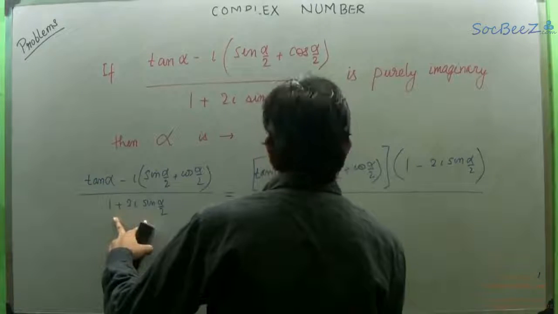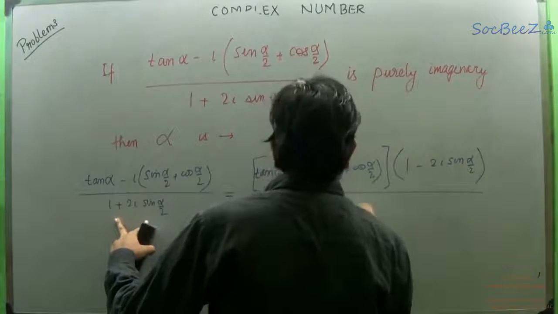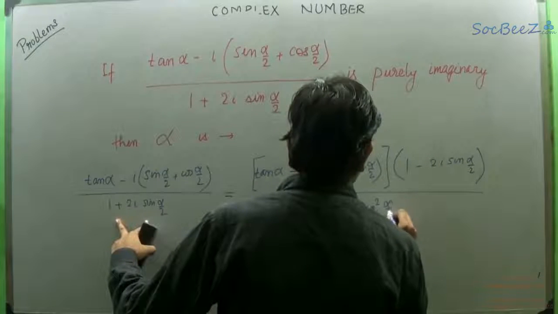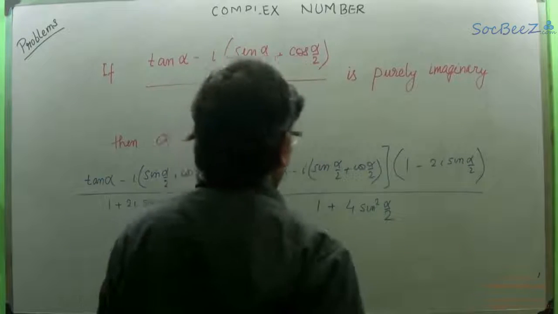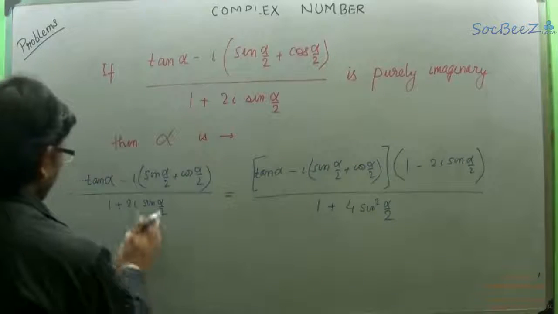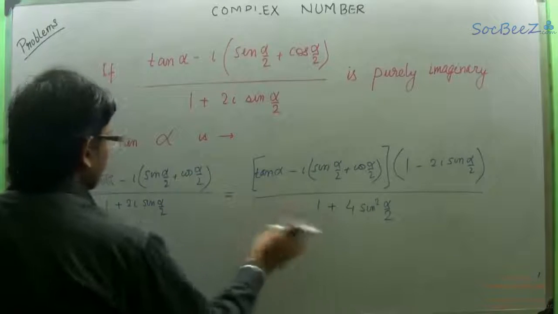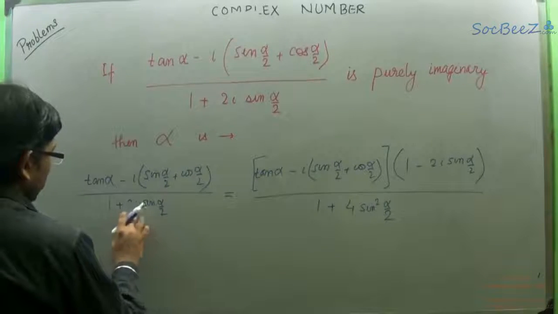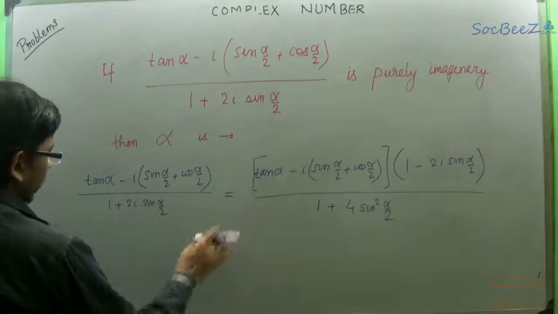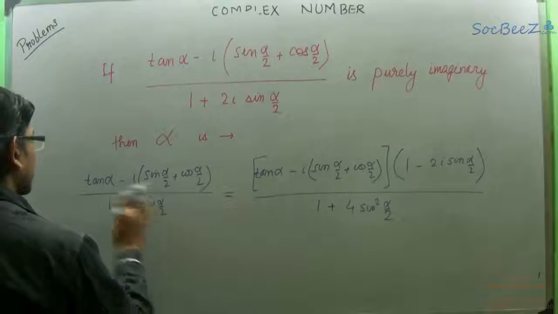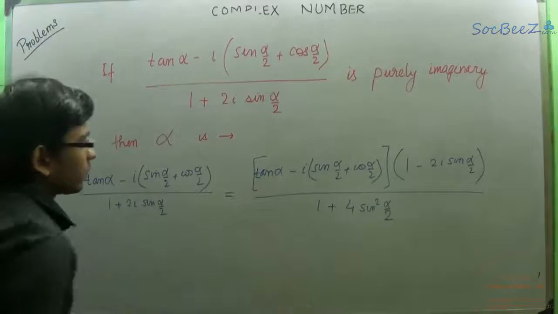What is the modulus of this number? 1 plus 4 sin square alpha by 2, right? Because this is square plus this is square. That means 1 plus 2i sin alpha by 2 into 1 minus 2i sin alpha by 2, which is 1 square minus 2i sin alpha by 2 square, which is 4 times sin square alpha by 2, right?